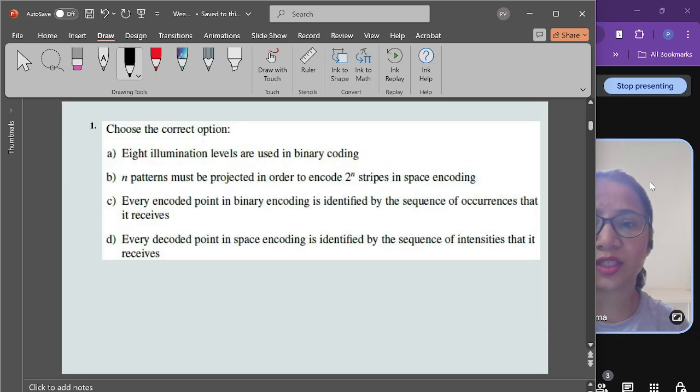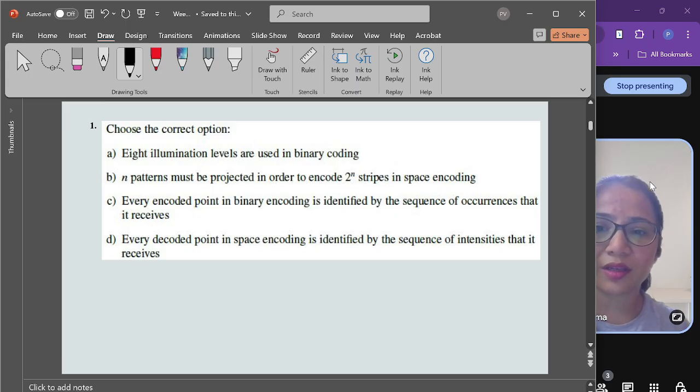Our first question is: choose the correct option. Option A: 8 illumination labels are used in binary coding. Option B: n patterns must be projected in order to encode 2 to the power n strips in space encoding. Option C: every encoded point in binary encoding is identified by the sequence of occurrences that it receives.